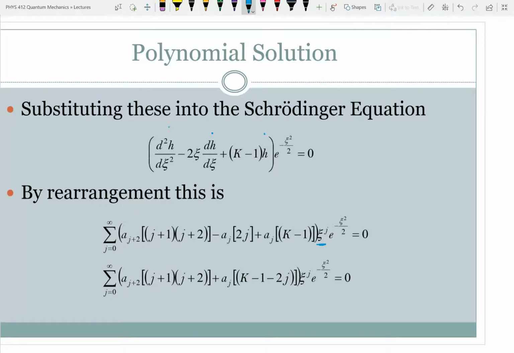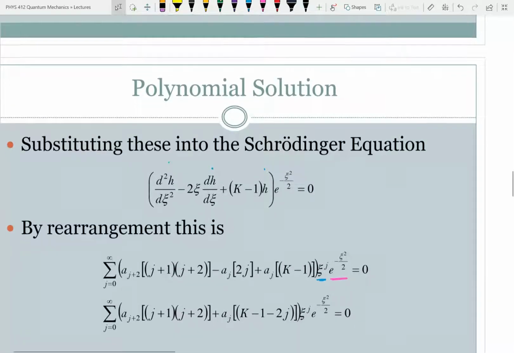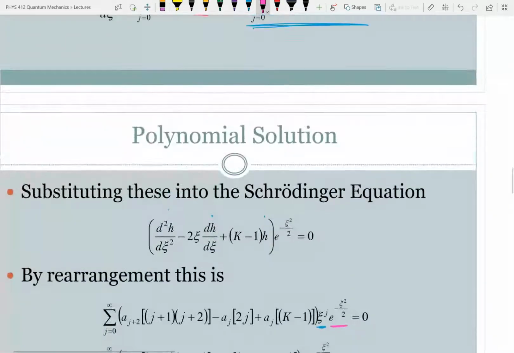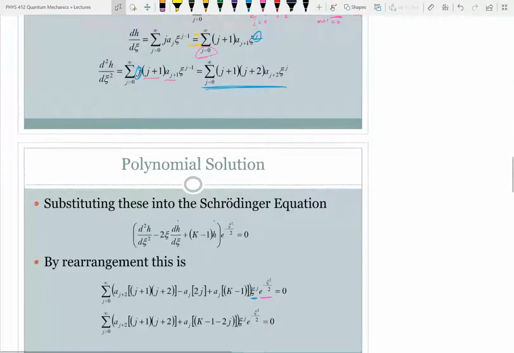And since this technically is the Schrodinger equation, I still have the e to the minus c squared over 2 for the large c solution. So just to make sure that we've got everything straight, j plus 1, j plus 2, a sub j plus 2. I'm going to shrink this down so we can see both pages together.